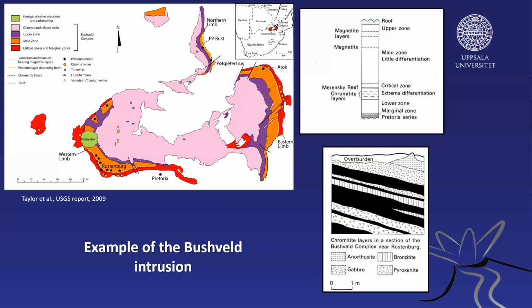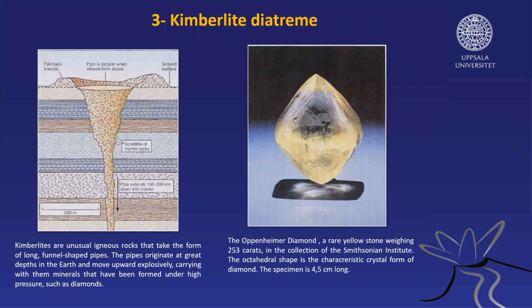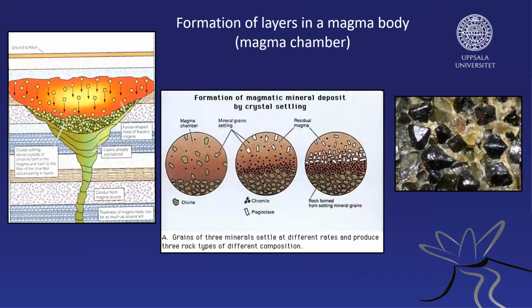So keep in mind, big intrusions, layered, and these layers are formed by sometimes one type of mineral. So that is the core process to form these layers.